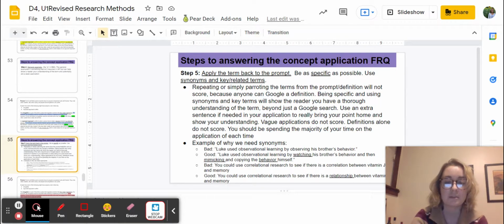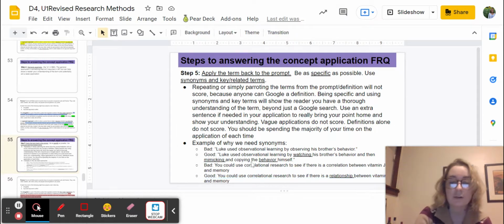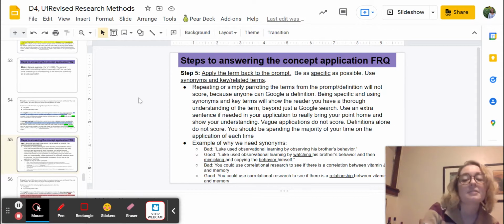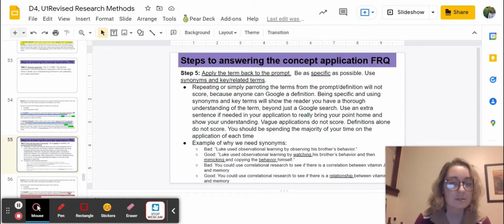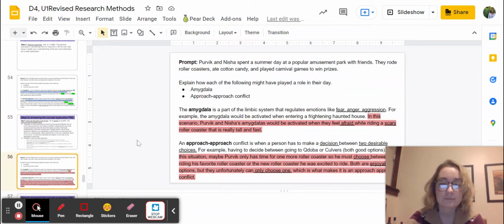A bad application would be: Luke used observational learning by observing his brother's behavior. That's just parroting or repeating the definition. If I said Luke used observational learning by watching his brother's behavior and then mimicking, mirroring, or copying the behavior himself, I use synonyms to show that I understood it without mimicking the prompt or the definition.